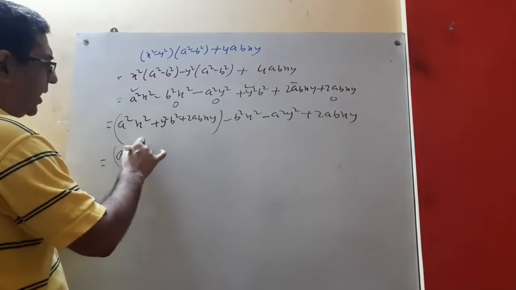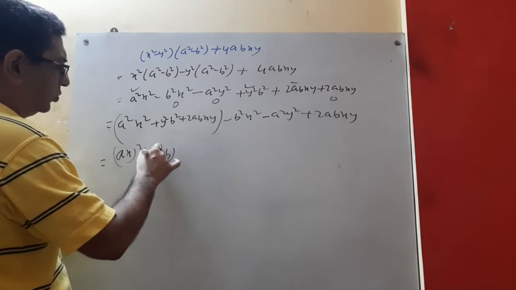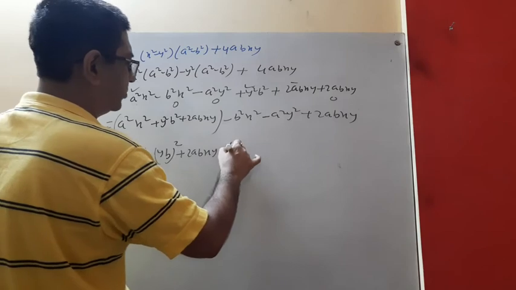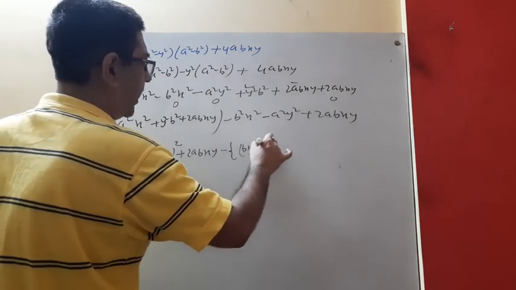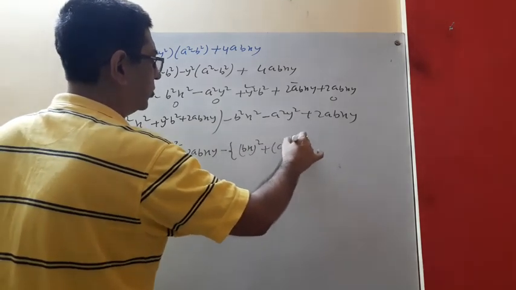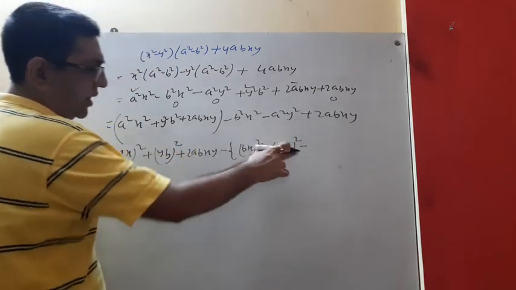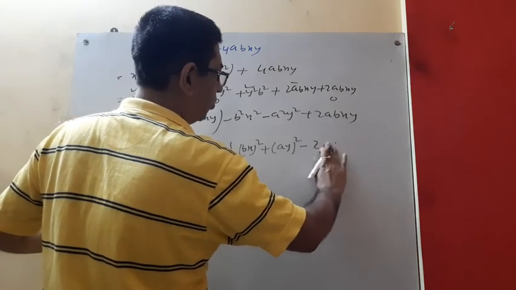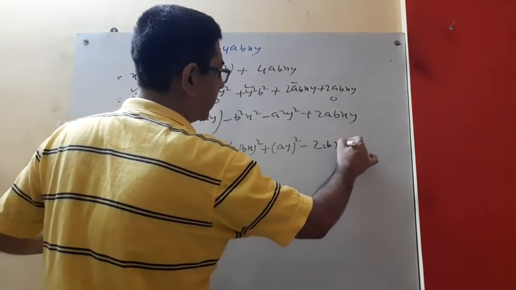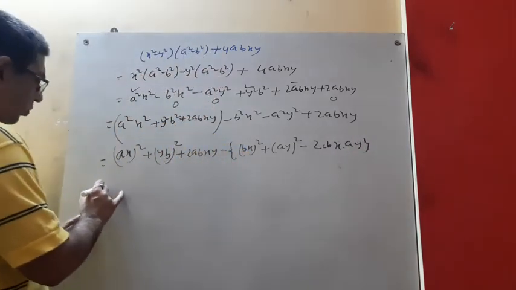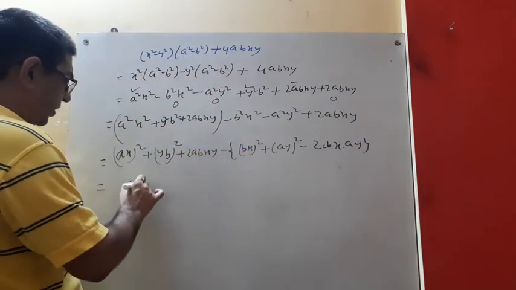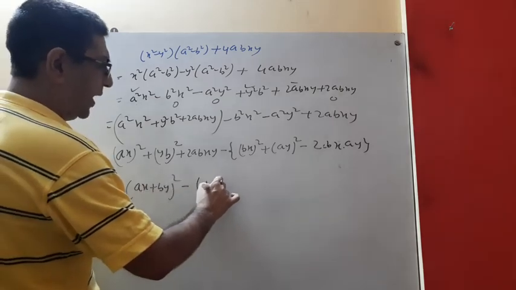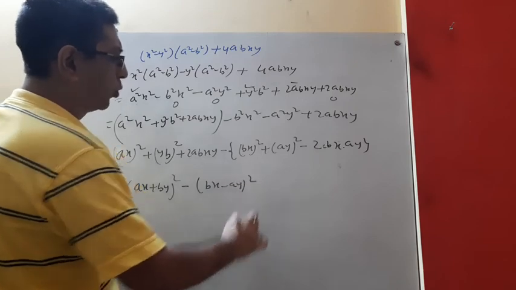Ax whole square plus yb whole square plus 2abxy minus bx whole square plus ay whole square minus 2bxay, because we have taken common minus, all the signs will be reversed. So what are we getting? A square plus b square plus 2ab, that means ax plus by whole square. This is bx minus ay whole square.